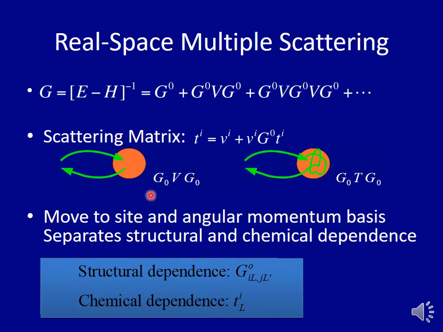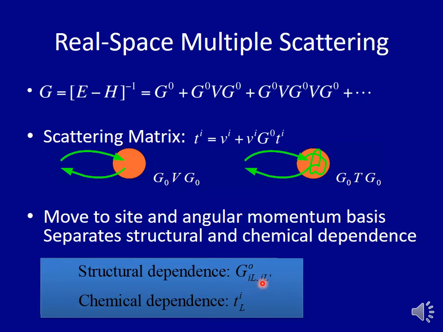Now you write all of this in a site and angular momentum basis, and this naturally separates structural and chemical dependence, where all of the structural dependence is in this free Green's function. The free Green's function knows nothing about the atomic potentials or the sites except for where they are. And that's indicated by the fact that G0 is dependent on two site labels.